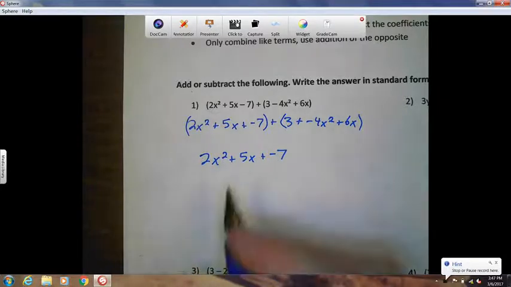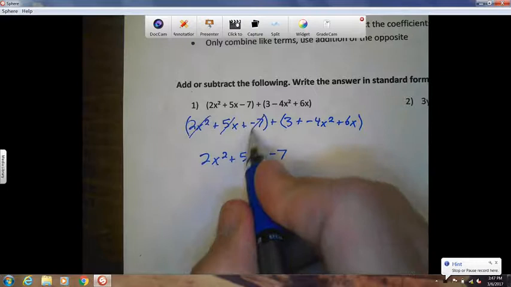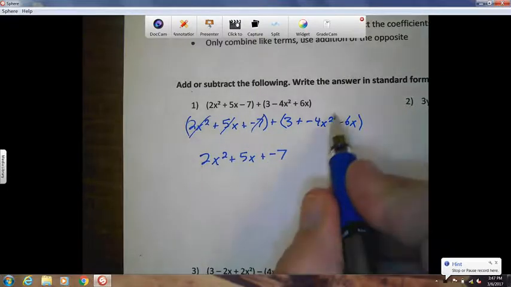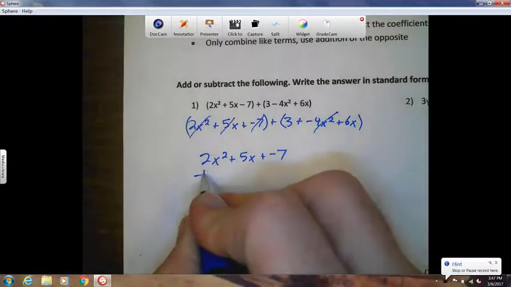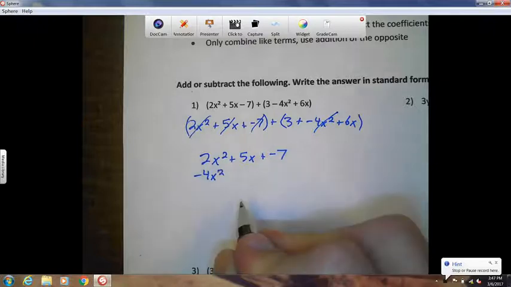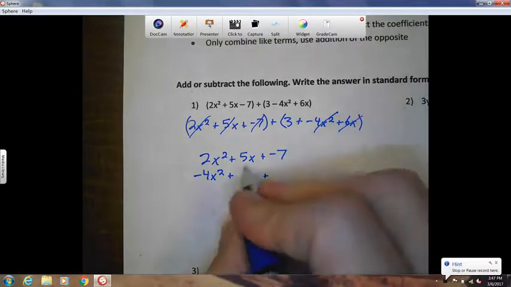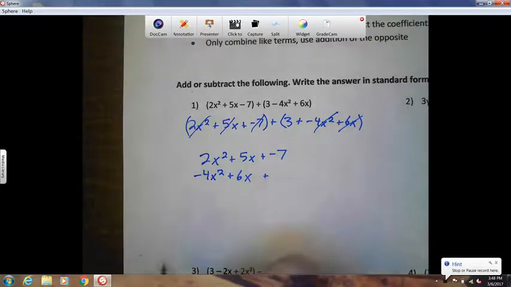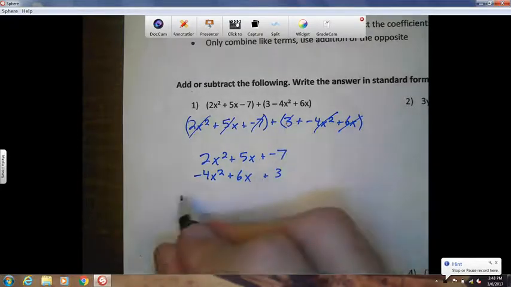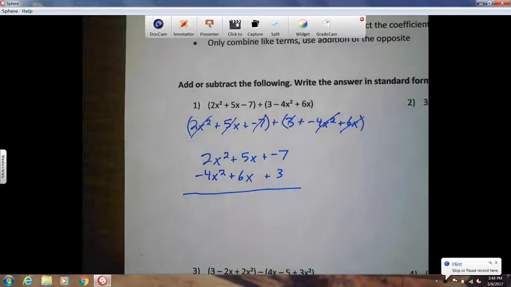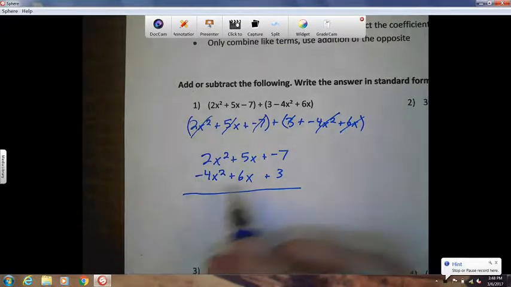So I have these. Now I'm going to do the same thing over here. I have negative 4x squared, 6x and 3. So remember, I have taken away all the subtraction. I've changed it to negatives, and now I'm just going to add.